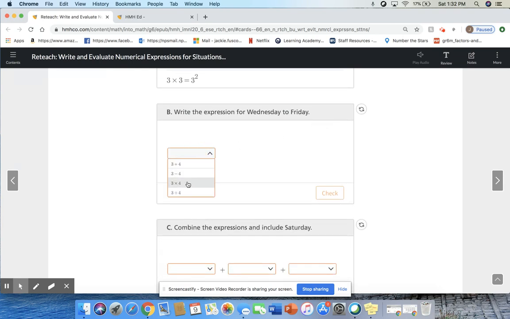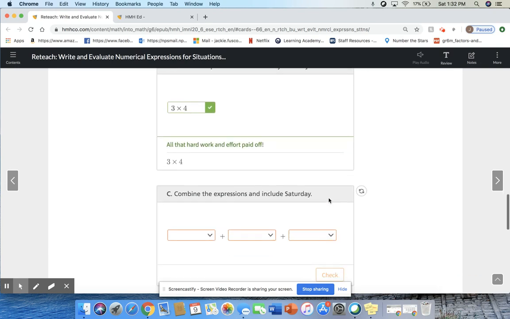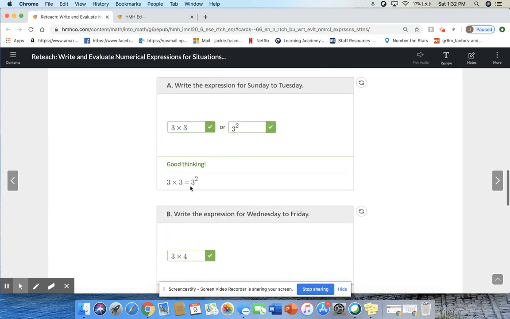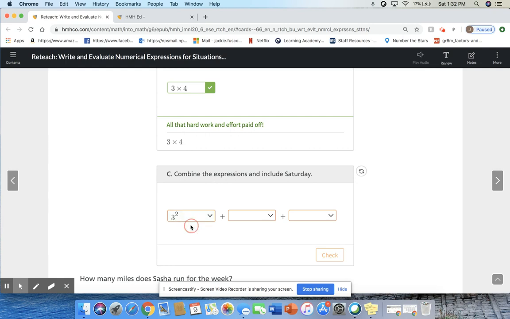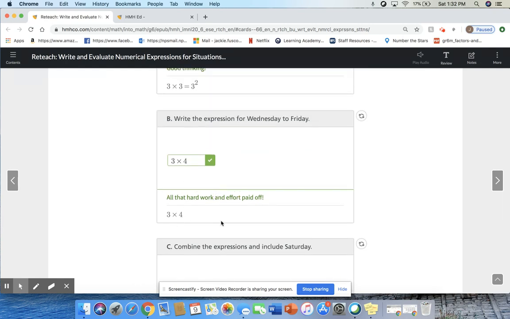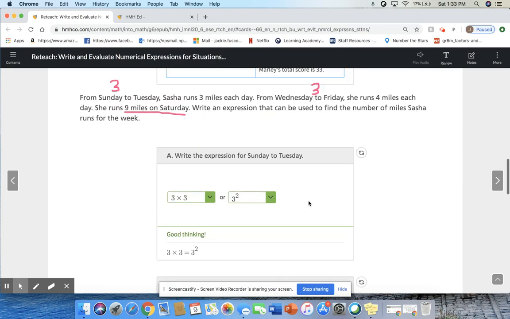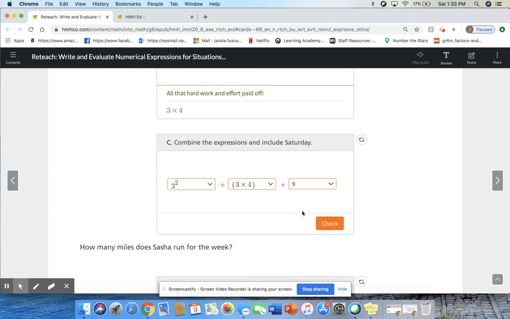So again, I'm going to have to multiply 3 times 4. Awesome. Now combine the expression and include Saturday. So combining, I'm going to need to take my 3 squared, I'm going to need to take my 3 times 4, and on Saturday, she ran 9 miles. So I need to add in my 9.